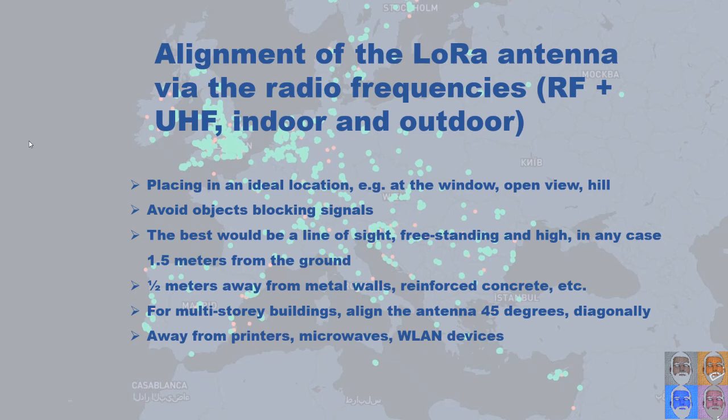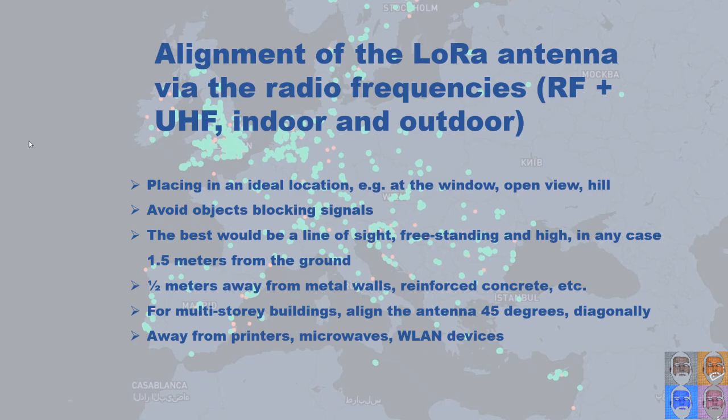Up on a hill is also good, but avoid being down on the hill with the next village over the hill, because the signal cannot go over the hill if it's too big.